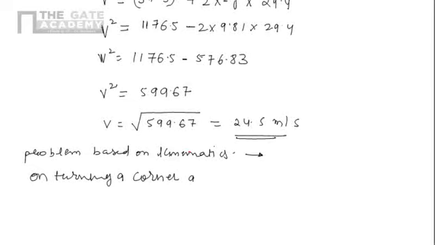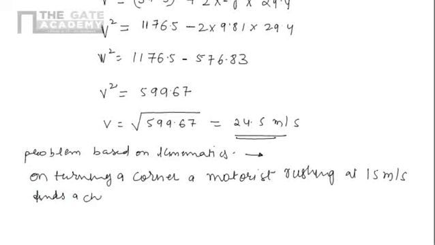A motorist rushing at 15 meters per second finds a child on the road 40 meters ahead.